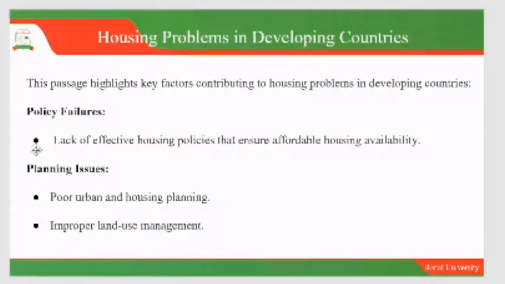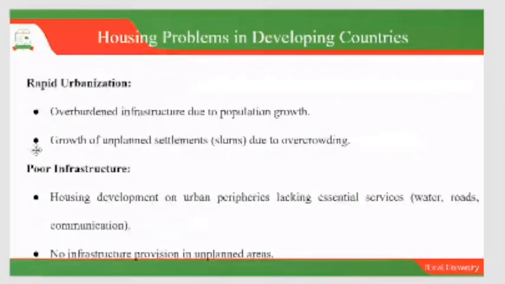Then we have rapid urbanization, overburdened infrastructure due to population growth. We have growth of unplanned settlements, slums due to overcrowding. So these are some of the drivers of our housing problems. Because our populations are growing very fast, the infrastructure that is there is overburdened.